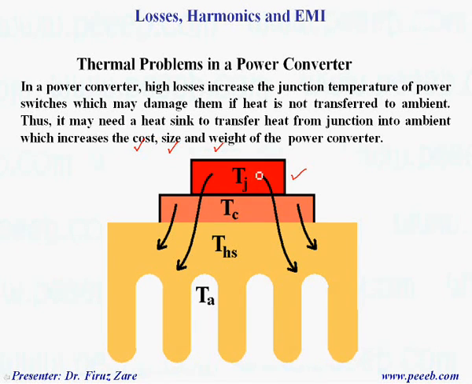So basically when we have high losses, that means we have high temperature. If the junction temperature is very high, then we may need a heat sink to transfer the heat from junction into ambient. In this case, this component increases the cost, size and weight of the power converter.